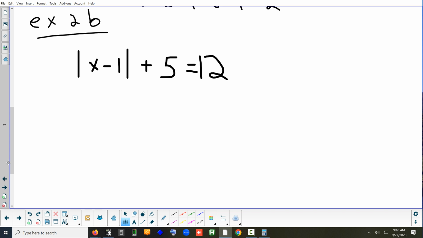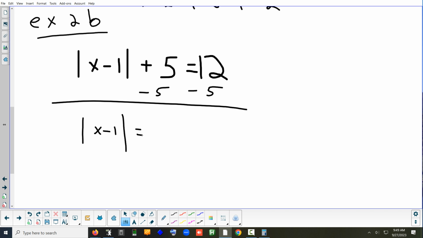Minus 5. So we're going to minus the 5 on both sides. And what does that give me for a new equation once I minus the 5? The absolute value of x minus 1 equals 7. Yep.